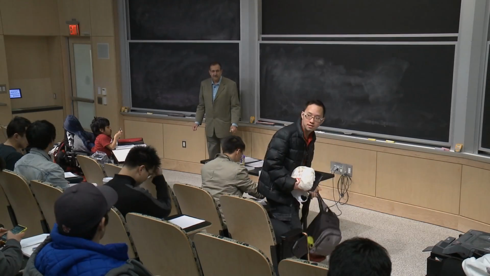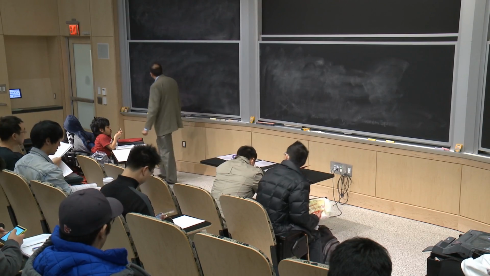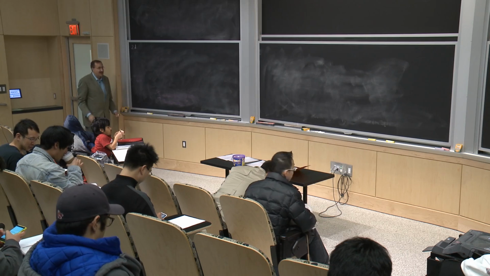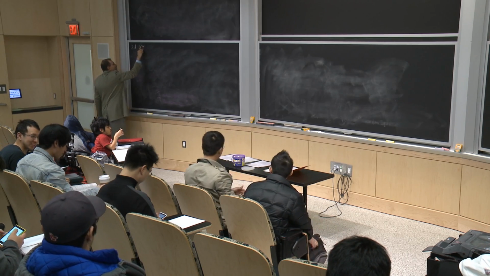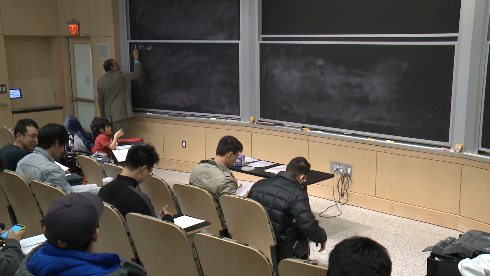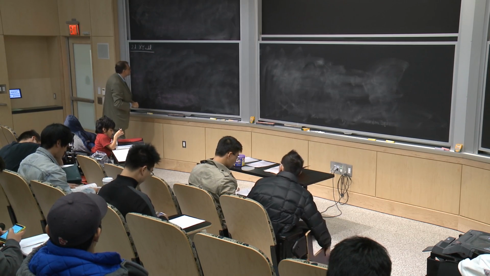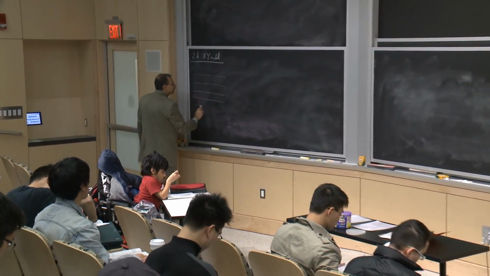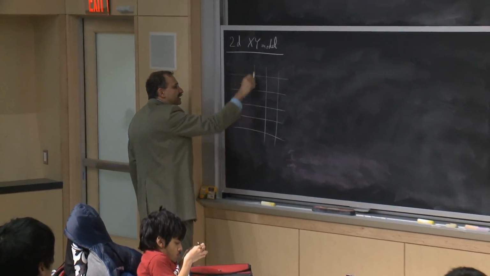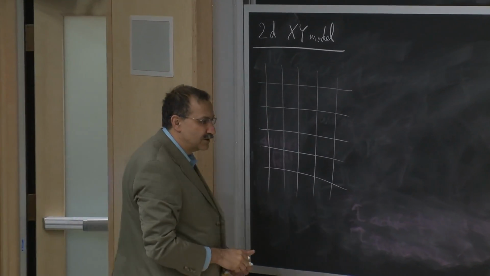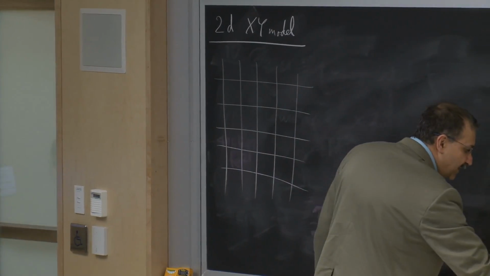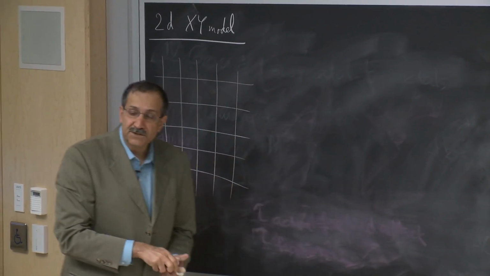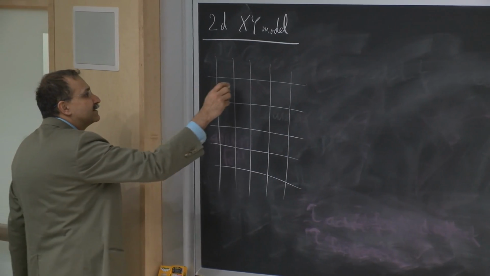Okay, let's start. So we've moved on to the two-dimensional XY model. This is a system where, let's say, on each site of a square lattice, you put a unit vector that has two components, and hence can be described by an angle theta.